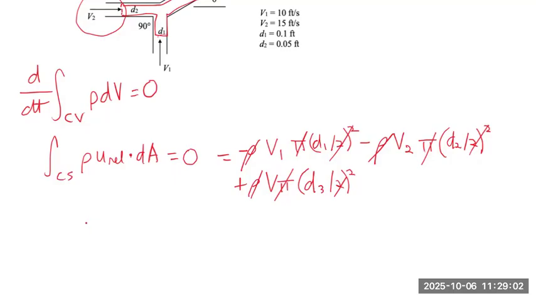So we're left with V times d3 squared is equal to V1 times d1 squared plus V2 times d2 squared.